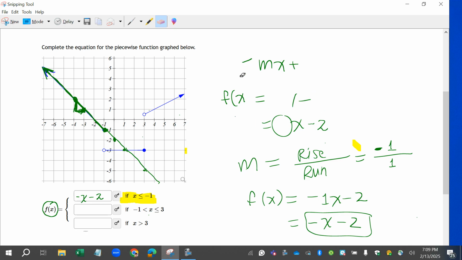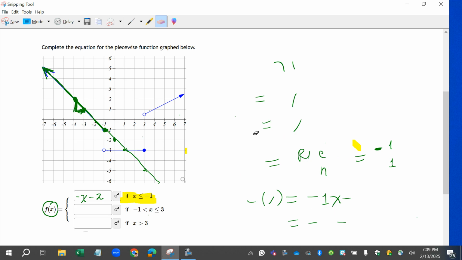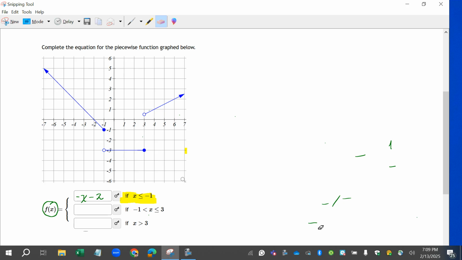Now I'm going to do a similar thing for the other parts of the graph. So I'm now going to look at the next answer box, and I'm going to look at what it says for what x would be. So for the next answer box, it says if x is between -1 and +3.